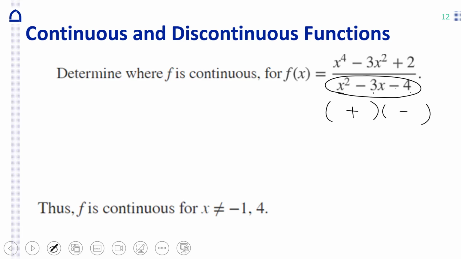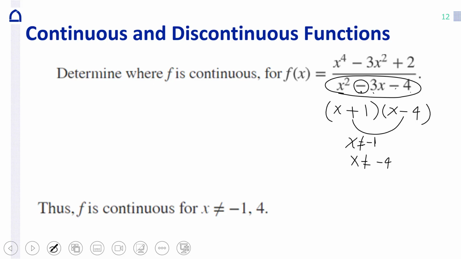So we can make it 4 and 1, but you should take the bigger one with the negative sign as the middle term, and the smaller one with the positive. And here is x, here is x. So we have a problem at x equal to -1, and we have x equal to 4. So we shouldn't have x equal to this one or x equal to this one, right?